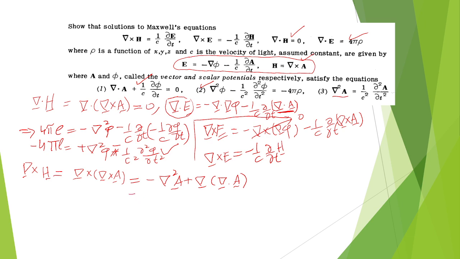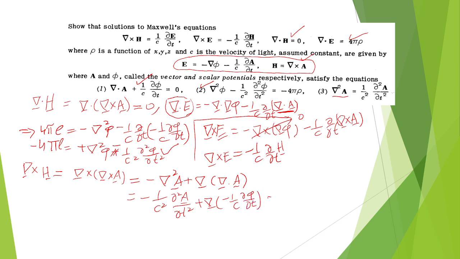So this is equal to minus 1 over c square partial square A partial t square and plus the gradient of the divergence of A. The divergence of A I will put from here, that is minus 1 over c partial phi by partial t.